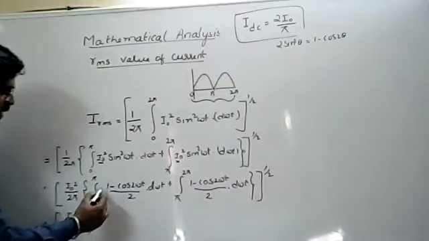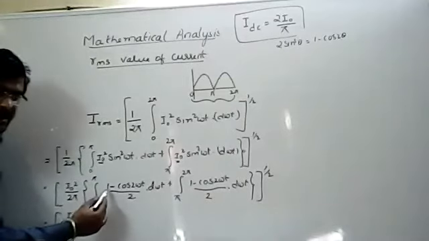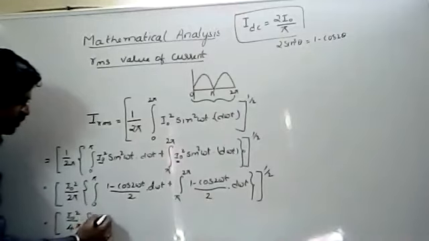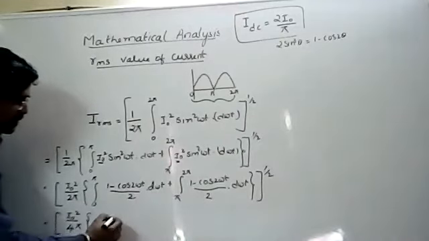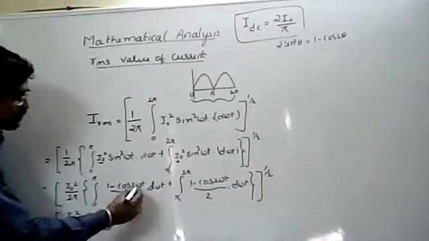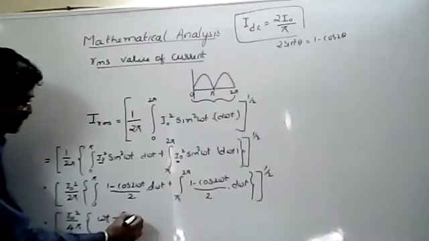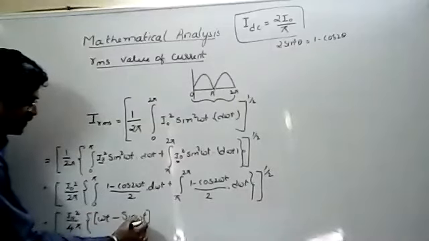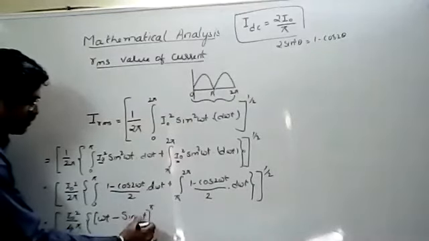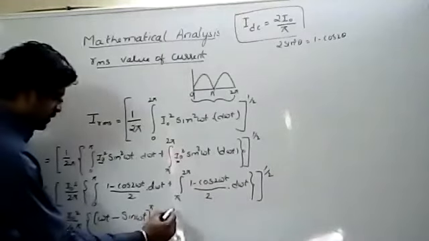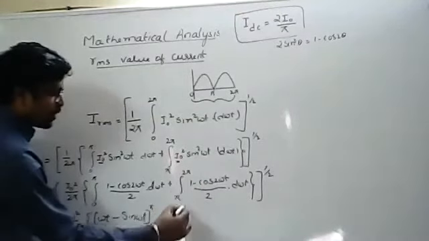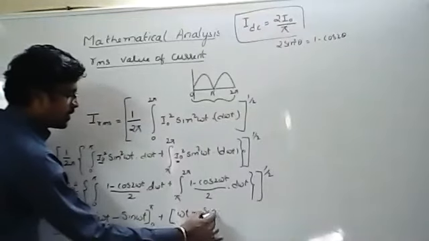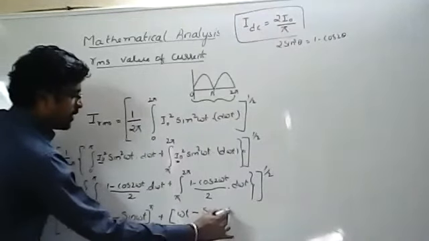At the same time, I will integrate this. Integration of 1 is omega t, with respect to omega t, minus integration of cos, which is sine omega t, within the limits 0 to pi, plus again the integration of 1, omega t, minus sine 2 omega t.